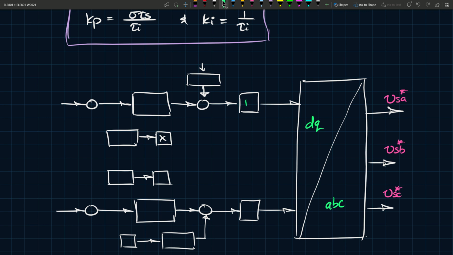This is R_s, and this is R_s. This here is V_sd. And again, these are based off of the differential equations. I'm not just pulling these out of thin air. These are modeled by the differential equations that we derived, right? And this is that little trick I was telling you about that we can use to decouple the control, basically.